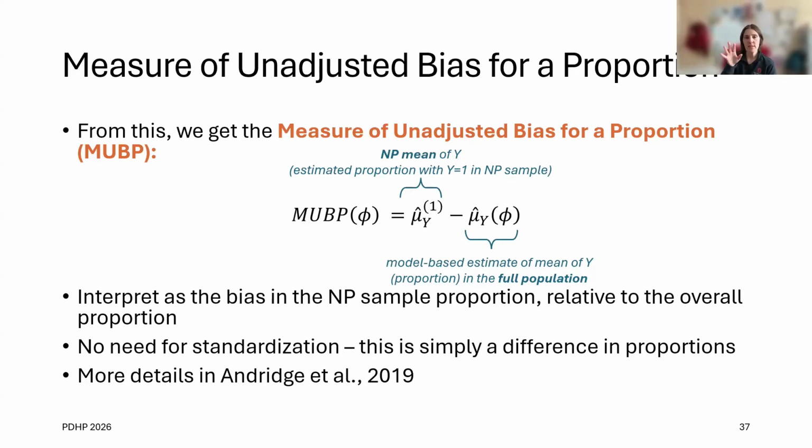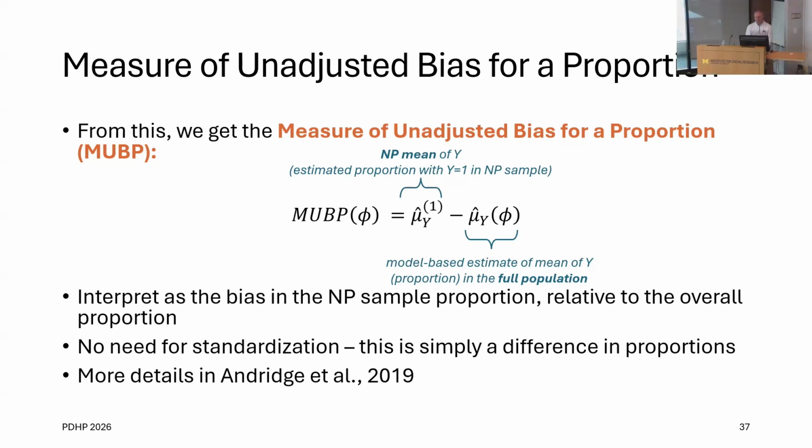So it's simpler to interpret in that sense, meaning it's easy to compare across y's. If you had lots of y's, you could see how many percentage points of bias the model is predicting, and compare across the y's. For continuous y, you have to do that standardization by a standard deviation to be able to compare across outcomes.